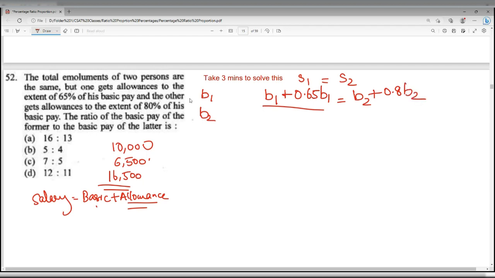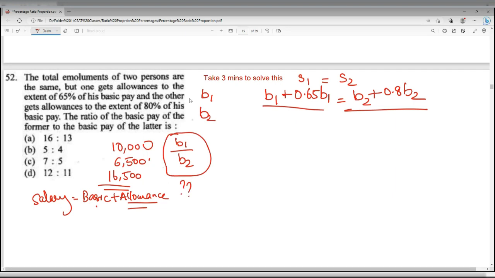This is the equation, because the first statement itself tells us that both salaries are the same, and they are asking the ratio of B1 by B2, the basic salary of the former to the basic salary of the latter. This is what we need to calculate from this equation.